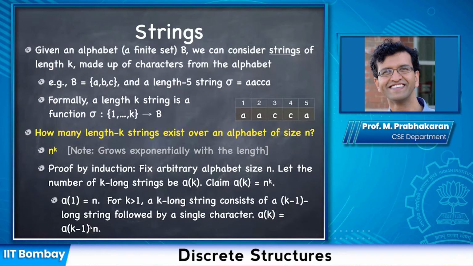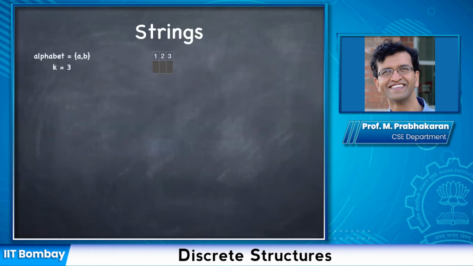The length k minus 1 string can come in n to the k minus 1 ways by the inductive hypothesis, and the last character can come in n ways. So the size of the cross product is n to the k. You can fill in the details there, and that gives you a proof by induction that the total number of strings of length k over an alphabet of size n is n to the k.